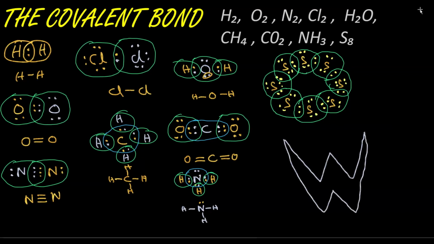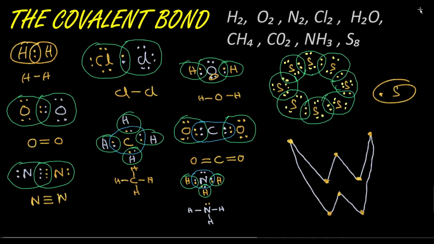All you have to do is to place a dot, cross, or even S for sulfur at each vertex. 1, 2, 3, 4, 5, 6, 7, 8. So this dot here is S, that is sulfur. This is how sulfur molecule is formed.